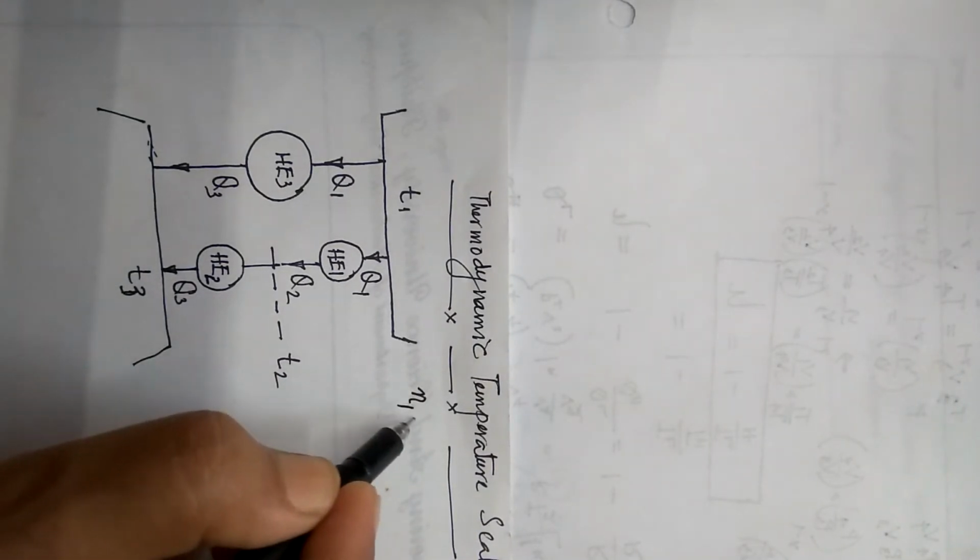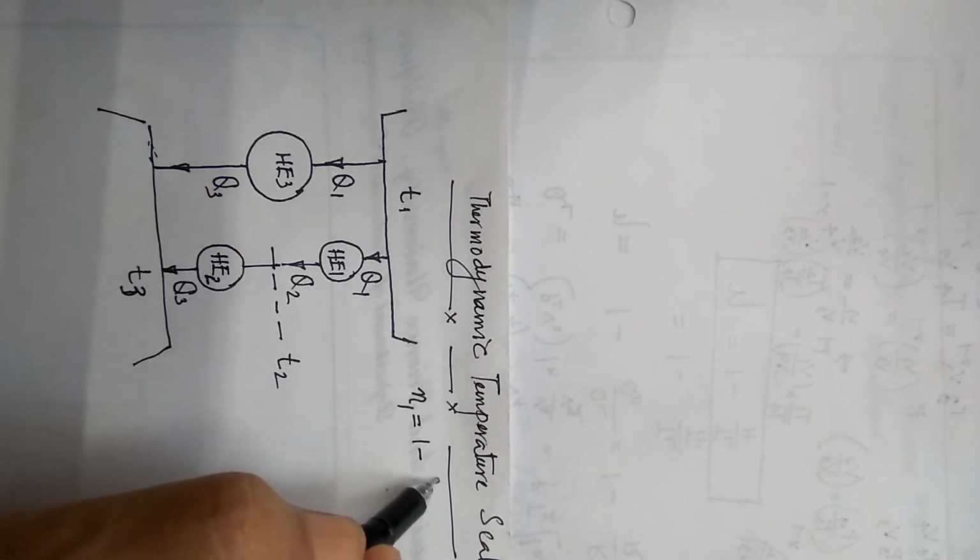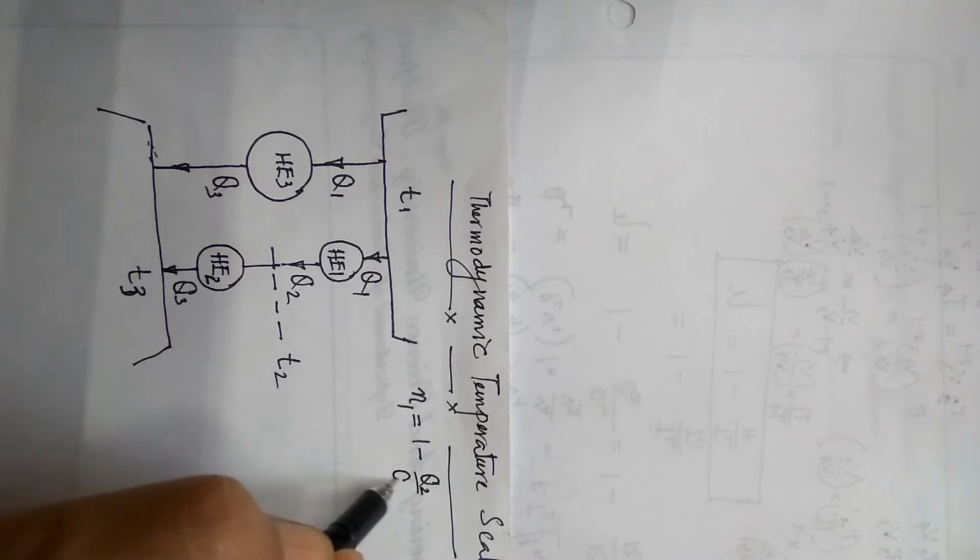So eta 1, as we know, is equal to 1 minus Q2 by Q1. So remember, eta 1 is only dependent on T1 and T2. That's what the corollary says. So Q2 is associated with temperature T2, Q1 is associated with the temperature T1.